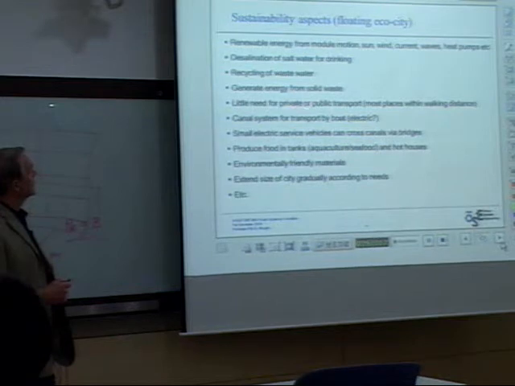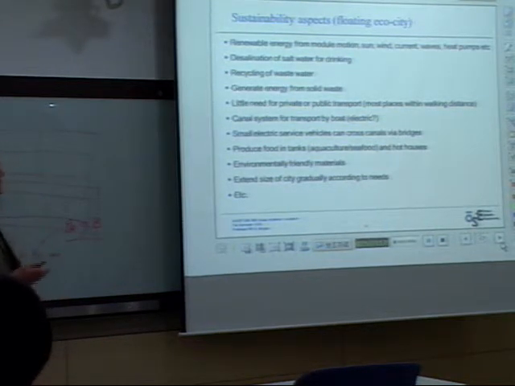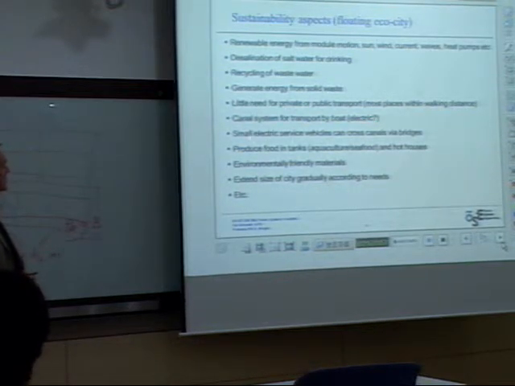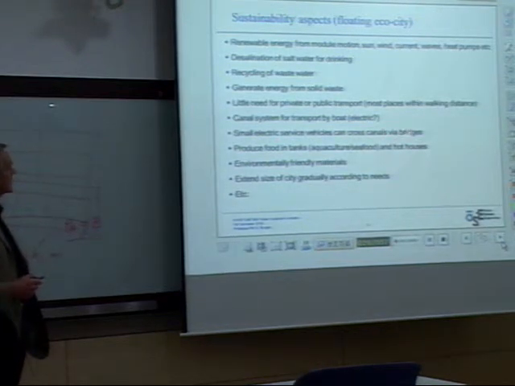Very little need for transport, because this is so compact that everything will be within walking distance. One can have a canal system for transport by boat, maybe electric boat, small electric vehicles that can cross canals via bridges. We can have some streets as well.